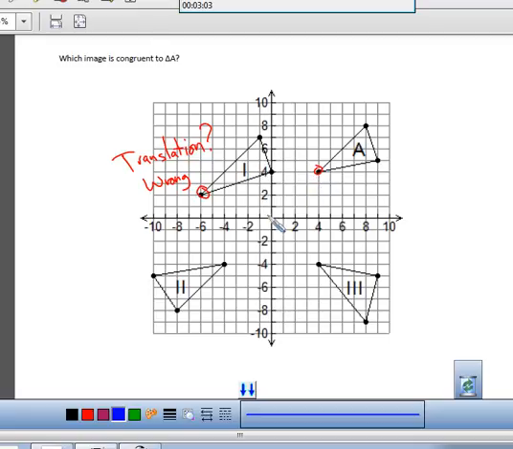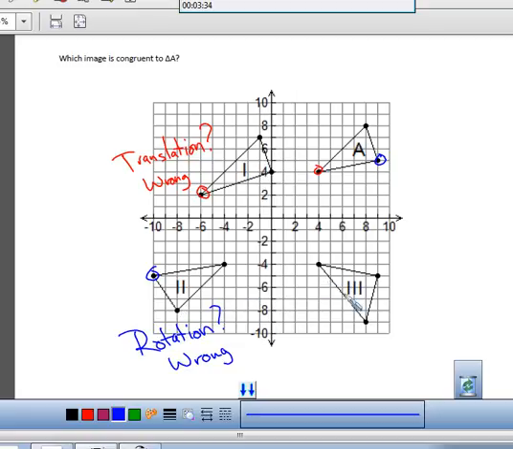So if I start at 4, 4, this point here and this point here match up. If I start here, this point here and this point here match up. But this point and this point do not. So let me write down, is it a rotation? And the answer is no, it is not.